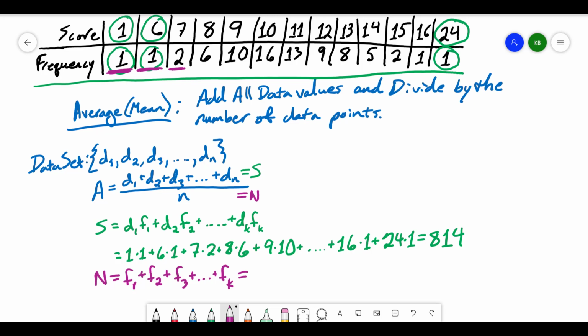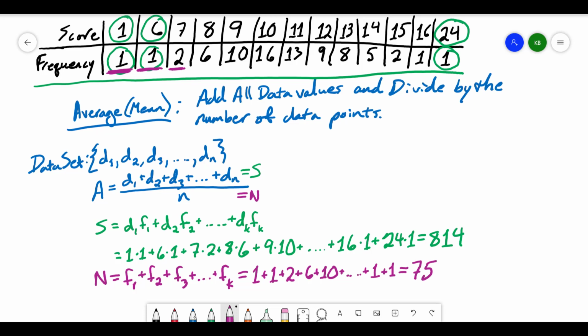So for my example here, I'm going to have 1 plus 1 plus 2 plus 6 plus 10, and I'll be doing this until I get to the 1 and 1 at the end. So when I add up all of these values, I'm going to find that n equals 75.